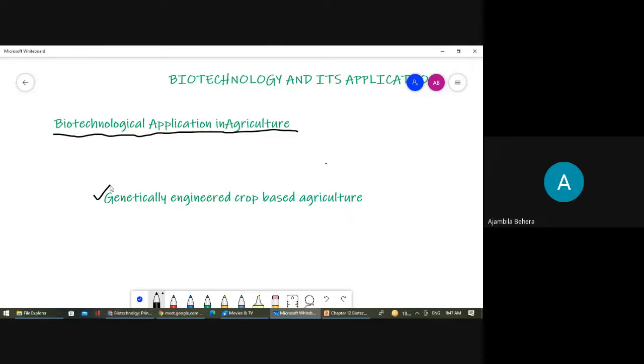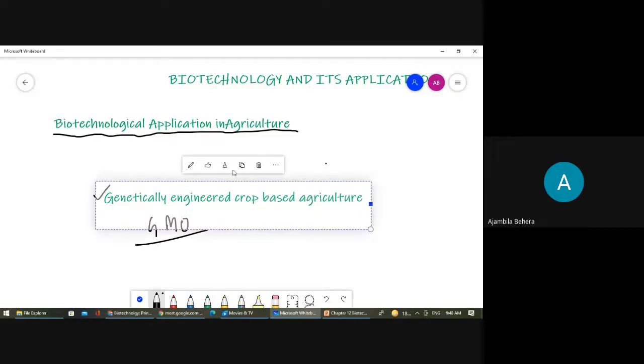genetically engineered crop-based agriculture. So whatever plants and animals that we obtain here, we generally call them GMO, genetically modified organisms.